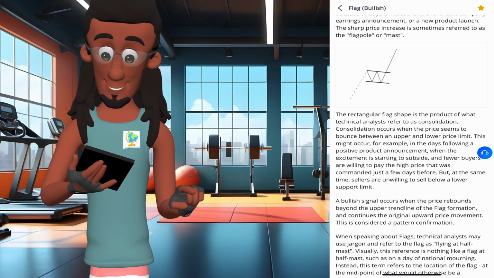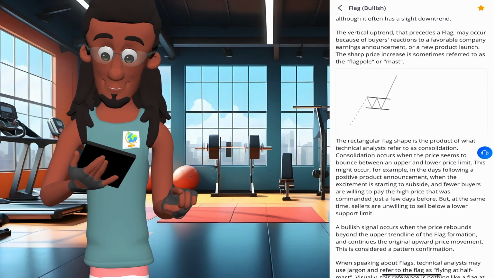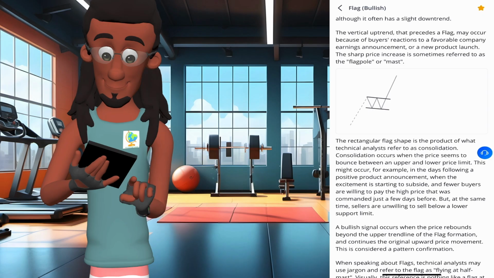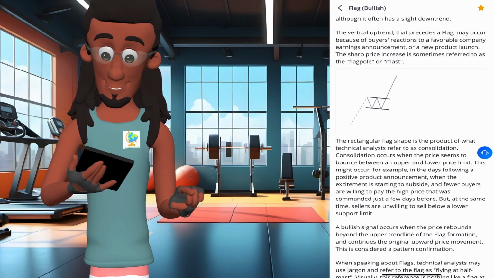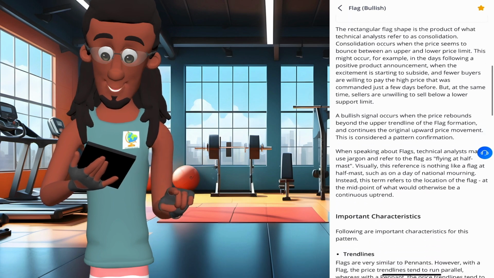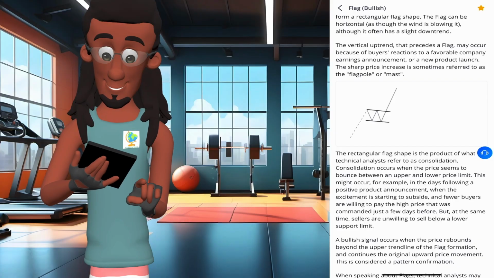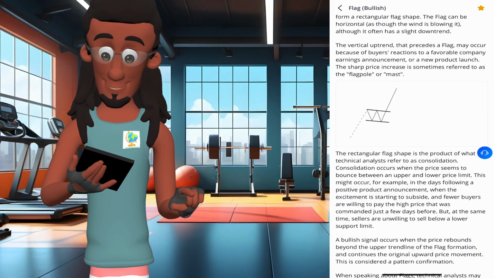Okay, got you. So if you notice in this diagram, the consolidation piece or the flag piece is halfway between where this pattern starts and where it ultimately ends. So flying at half mast, you're looking for the continuation to be about the same length as the flagpole.